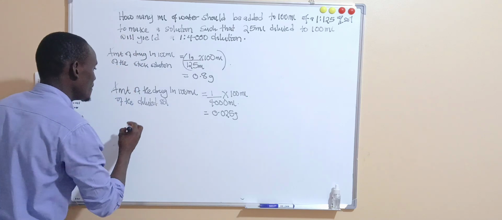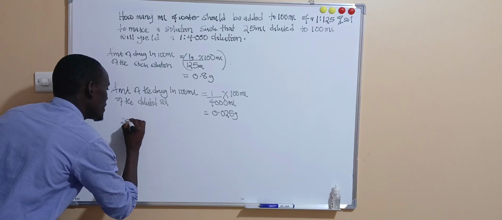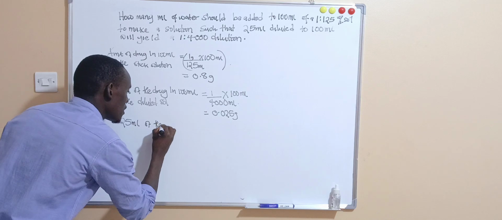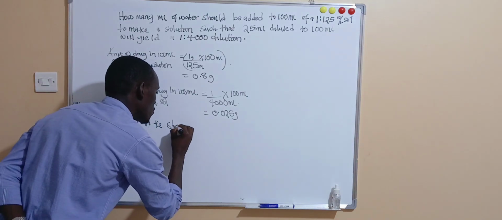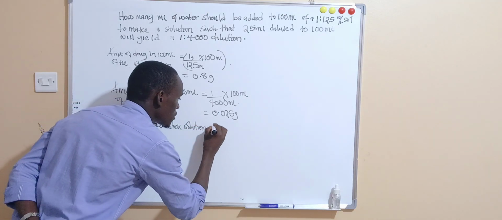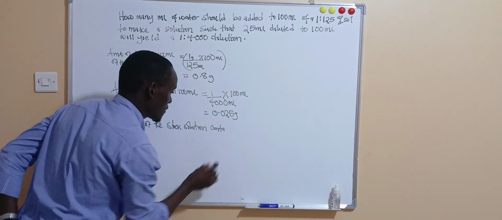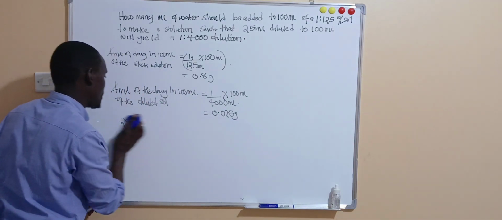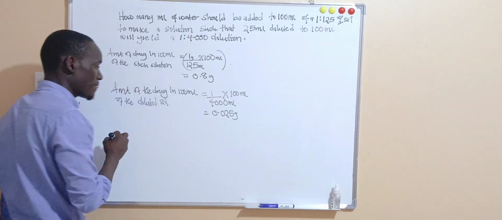So we shall say that 25 mils of the stock solution contain, let us change it because what we want is the volume.